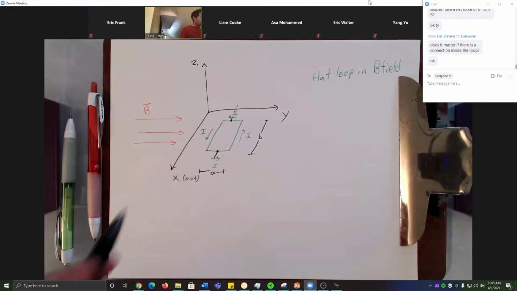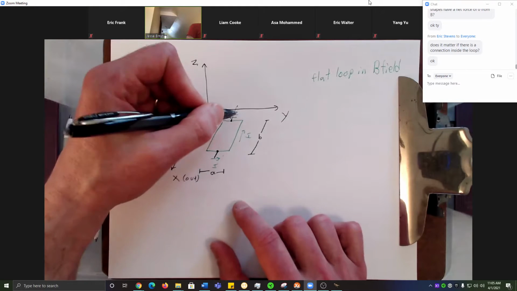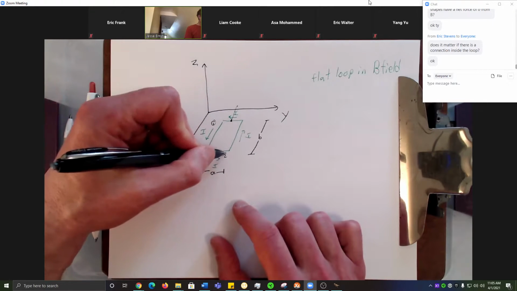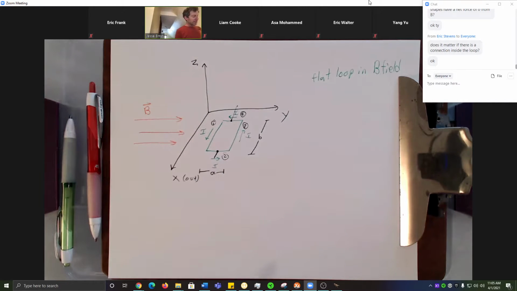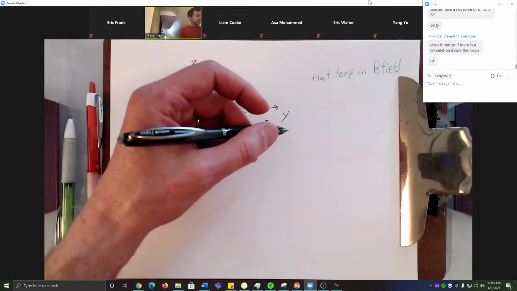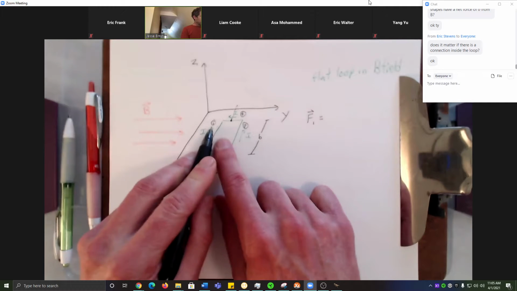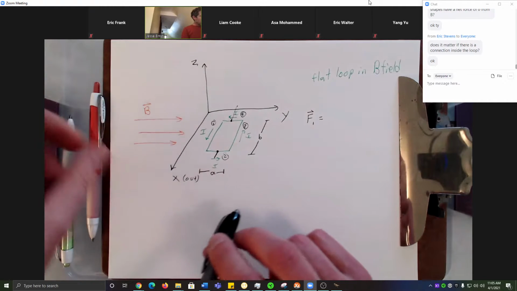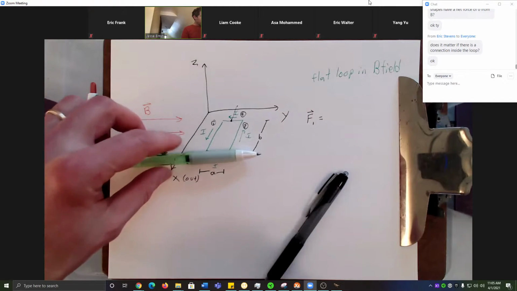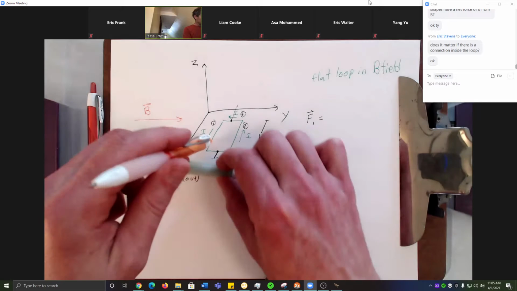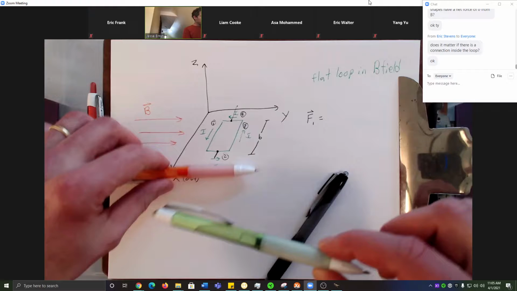Okay, so let's label these legs 1, 2, 3, and 4, and find the force on each of those legs. The force on leg 1: B goes this way, and the current is coming out of the page.